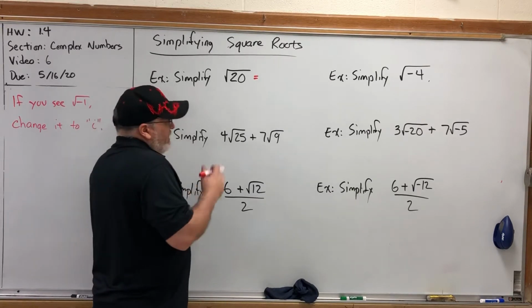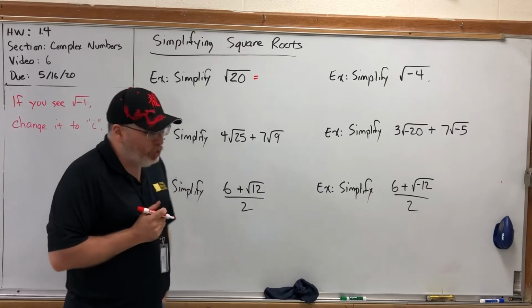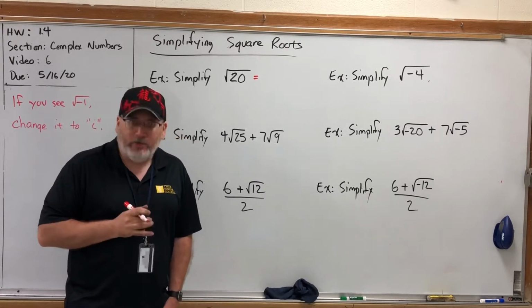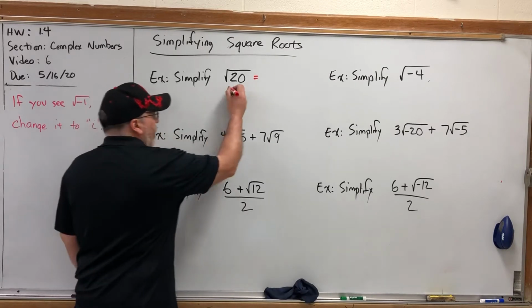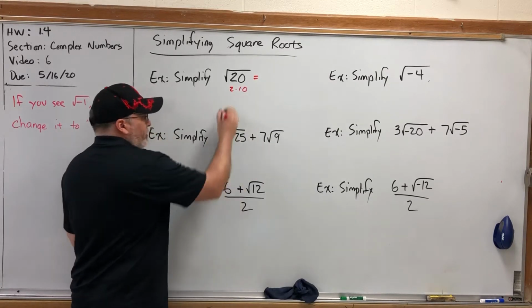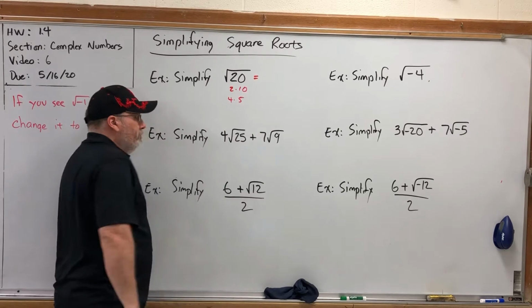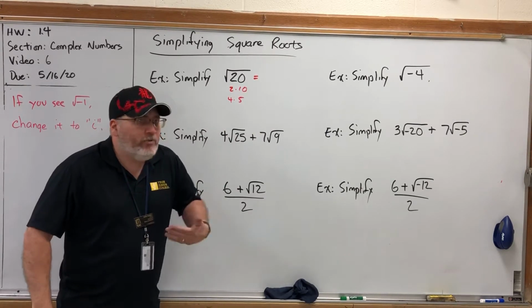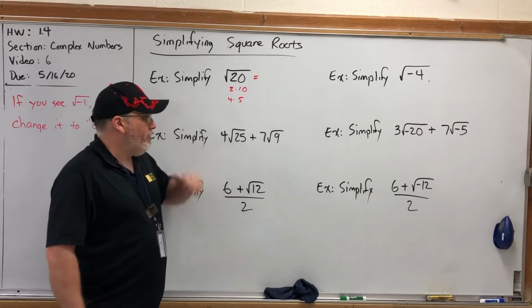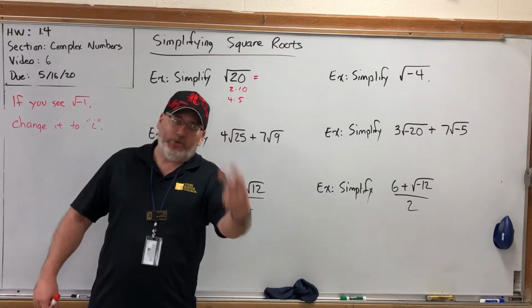Can you think of a multiplication problem equal to 20 where you can square root one of those 2 numbers? There's really only 2 ways to break down a 20. You could say 2 times 10, or you could say 4 times 5. But I'm not going to use 2 times 10 because I don't know the square root of 2, and I don't know the square root of 10. So instead of having 1 square root I couldn't answer, I would have 2.